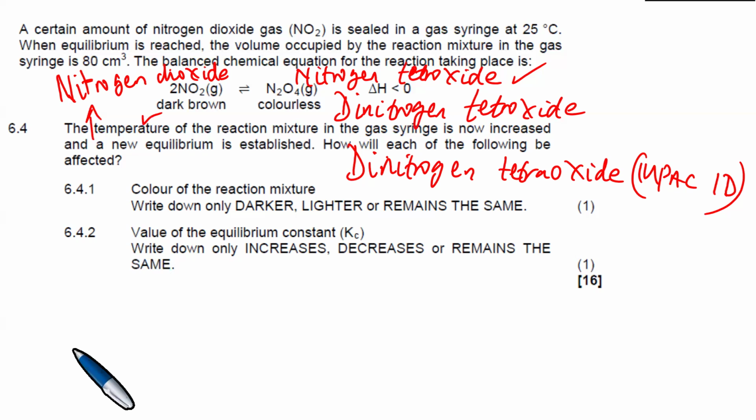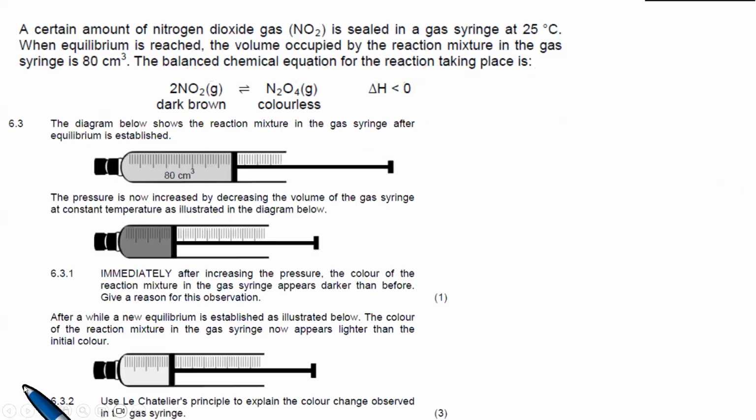Right, so let us look at this cautiously. But I want us to first discuss in relation to this. You have that this is the reaction, NO2 and N2O4. If we increase the temperature, I need to look at whether it's exothermic or endothermic.